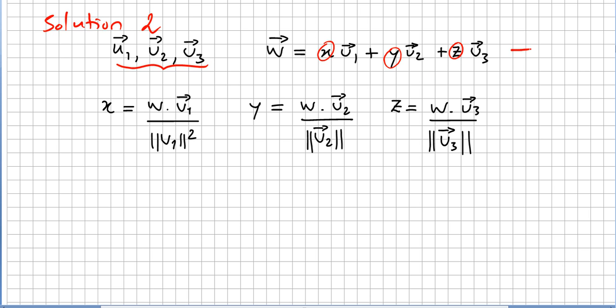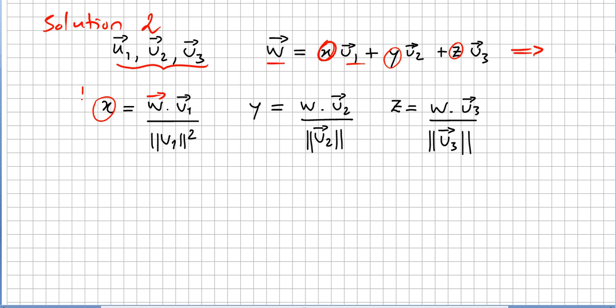This implies, and I'm not going to prove this, that x will be equal to the inner product of w with u1, dividing by the absolute value of u1 squared.